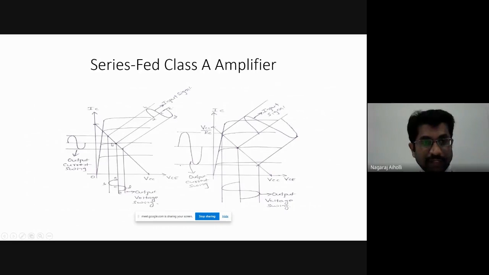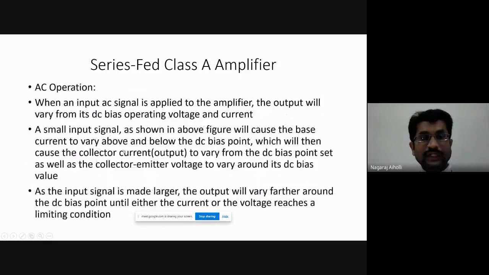It is exactly in the middle, so it is the average current. Yes or no? That is at the Q point. Where is the Q point? It is exactly in the middle of the characteristic curves. So even if the input signal is applied, the average current remains the same, and hence the input power to the circuit remains the same. That is VCC into ICQ.